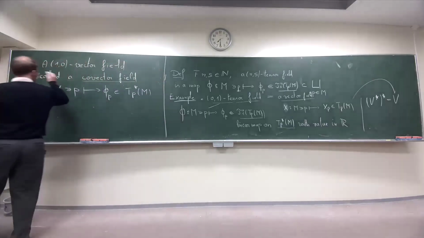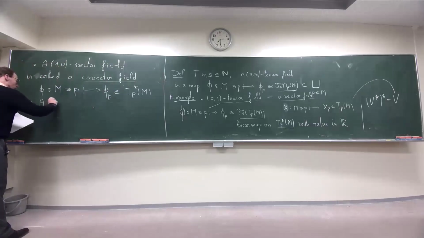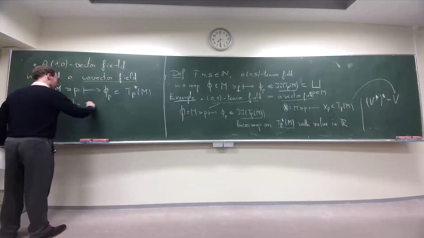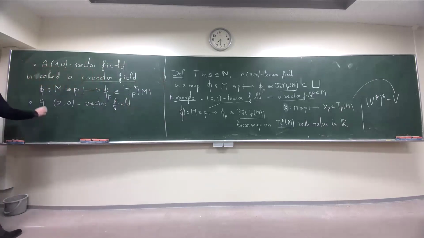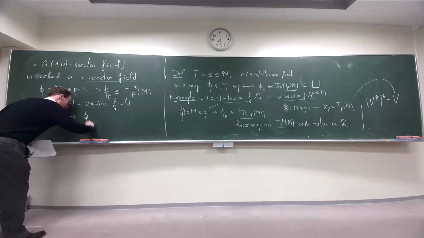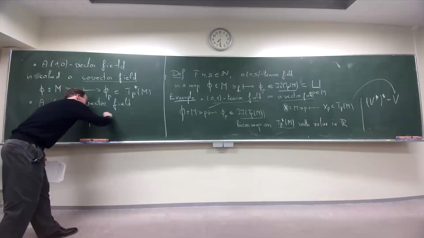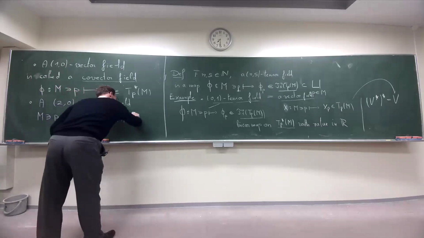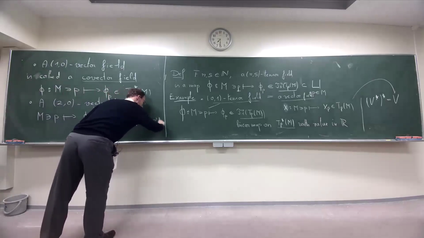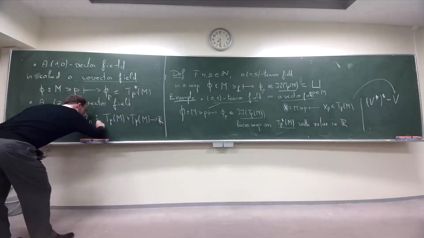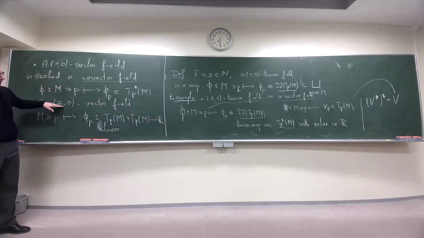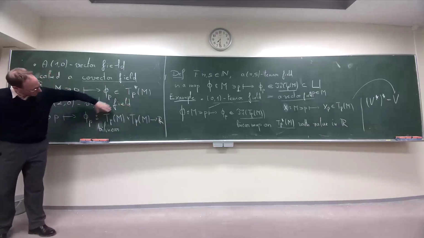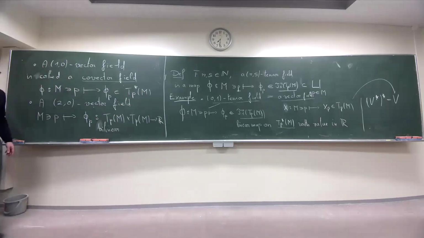And the last example, I need to give a name. What is a 2,0 tensor field? Take a P goes to phi P. What is this phi P? It's a map TPM times TPM, it has two entries, with value in R, and it is bilinear. Look, because a 2,0 at every P, you have two copies of the vector space, and it's a function on these two copies with value in R. It's bilinear.